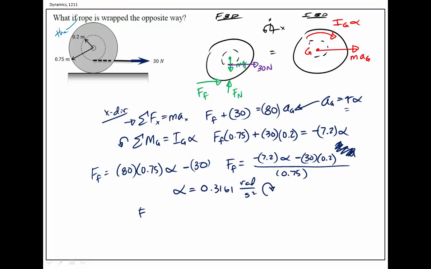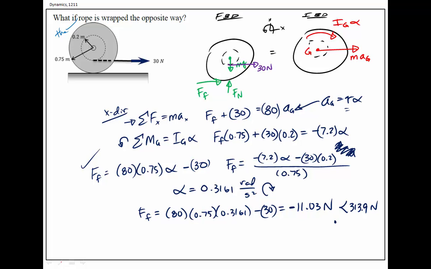We want to check our friction force, and that's going to be plugging it back into this equation. 80 times 0.75 times our 0.3161 minus 30, and it's going to equal a negative 11.063 newtons, which is less than 313 newtons. So there's therefore no slip.